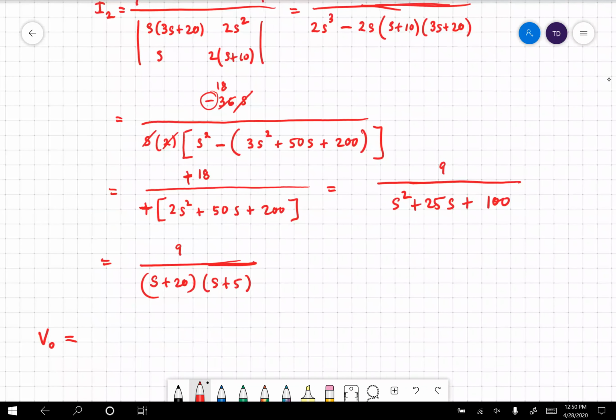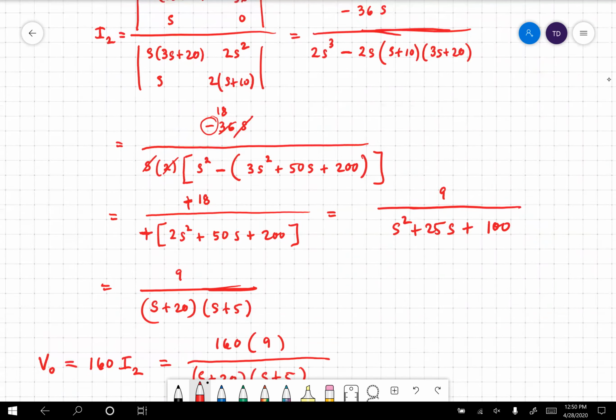V0 is 160 times I2 equals 160 times 9 divided by (s plus 20)(s plus 5). Okay, that's not bad. I think we've got all that squared away.